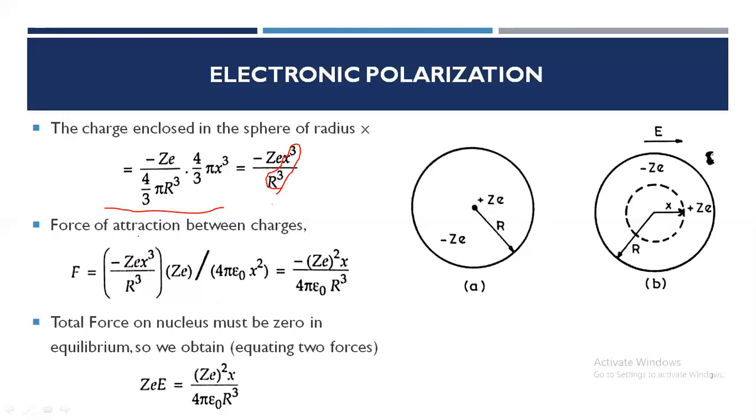The magnitude of the force of attraction appears there due to the opposite charges, minus Ze and plus Ze.